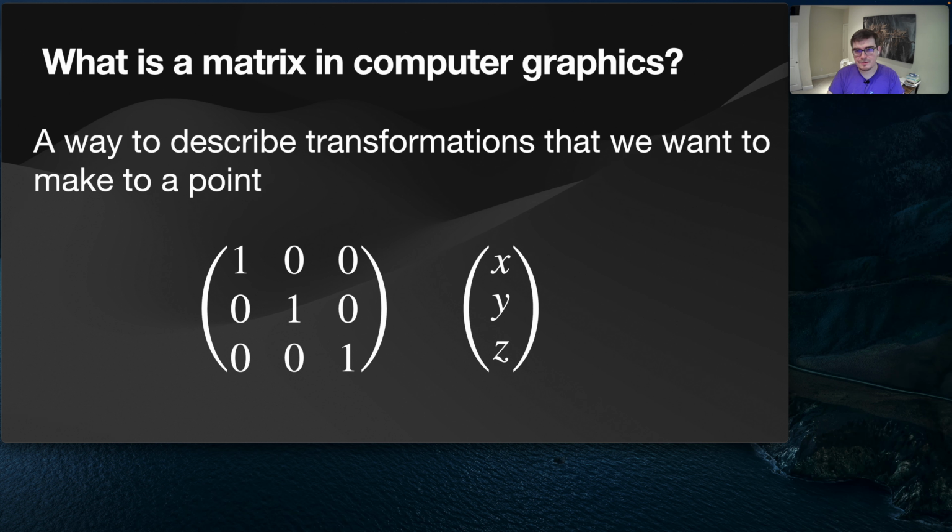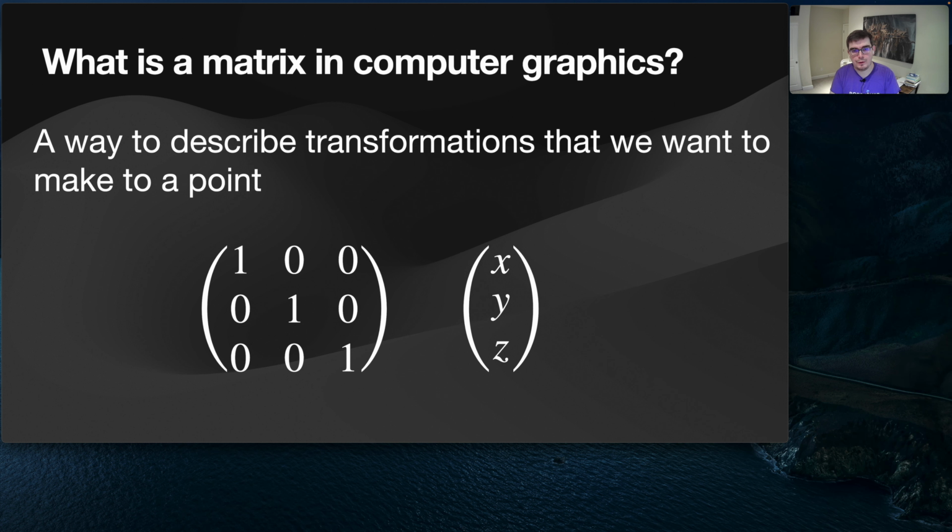So this sounds very obscure and abstract, but don't worry, when we get into the actual calculations it will make more sense. Okay, so let's say we created our matrix and somehow we described the transformations that we want to make, and what's next?